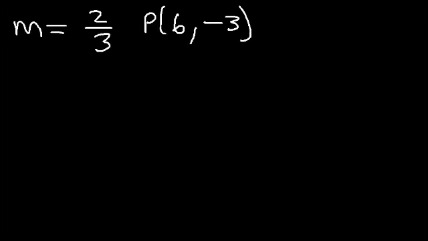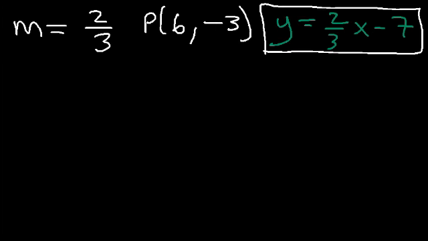Now there's another way that you can solve that same problem. So let's start from the beginning, where we were given the slope and a point 6, negative 3. So keep in mind the equation that we had in slope-intercept form was y = 2 over 3 x minus 7. So I'm going to show you another way to get this equation.